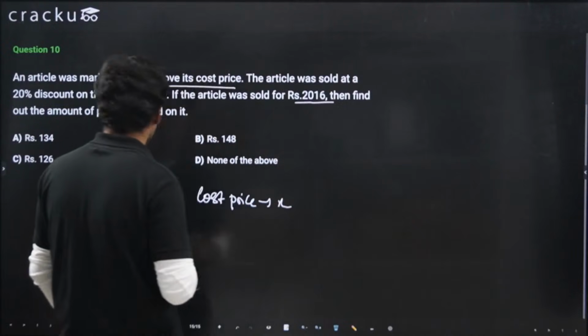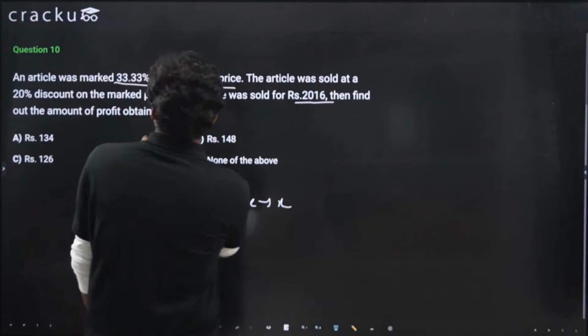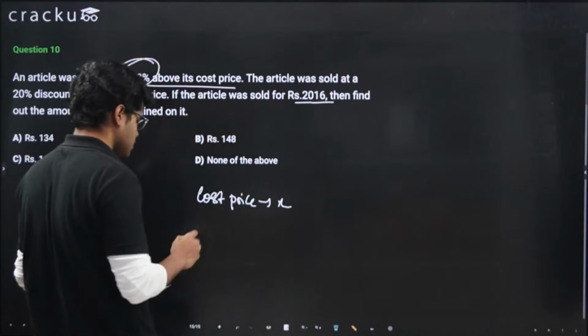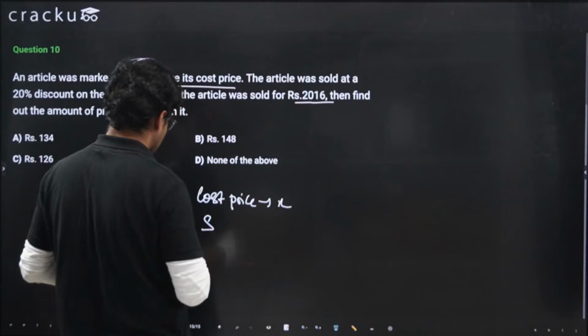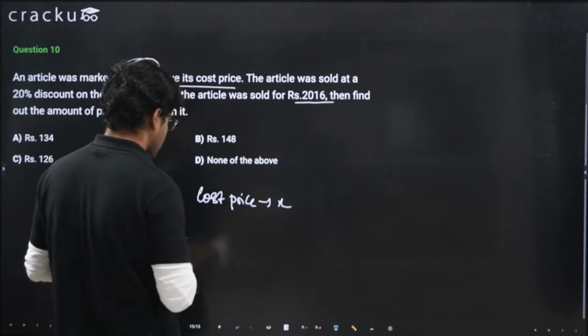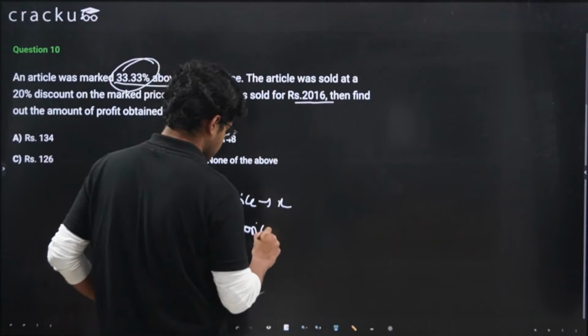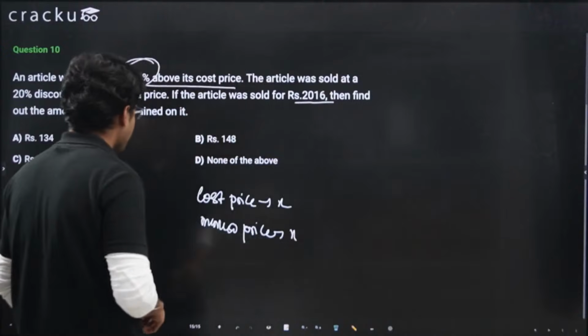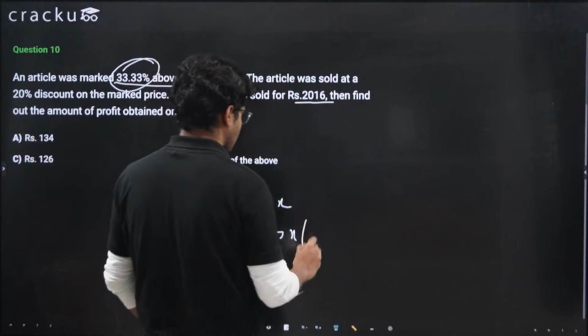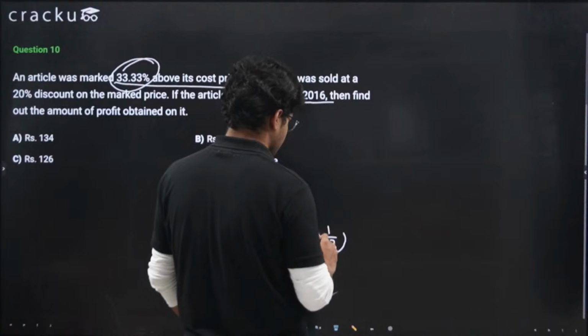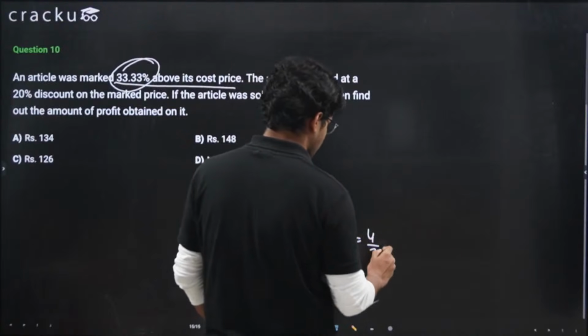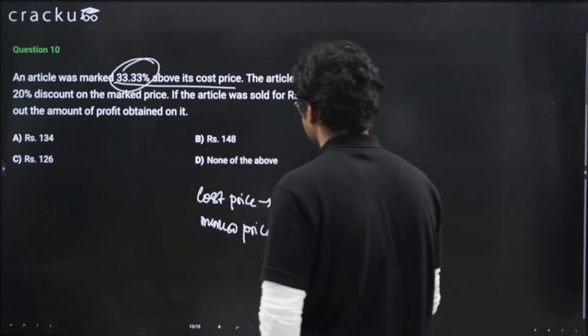So let's say the cost price is X. So it is marked 33.33% above cost price. Means the marked price is X into 1 plus 1 by 3, which is 4 by 3 into X. This is the mark price.